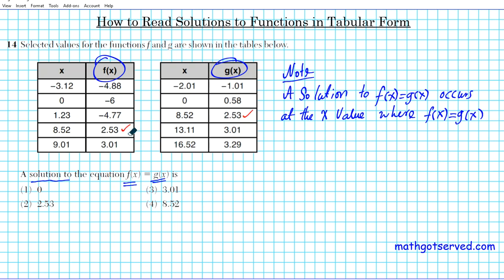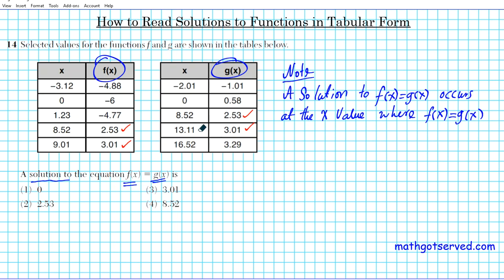Okay, let's keep on going. 3.01. Oh, wait, we also have 3.01. So which of these two is the answer? The answer is going to be one of them. Remember, we're looking for one specific x value, not multiple x values, one specific x value where the functions have the same output.